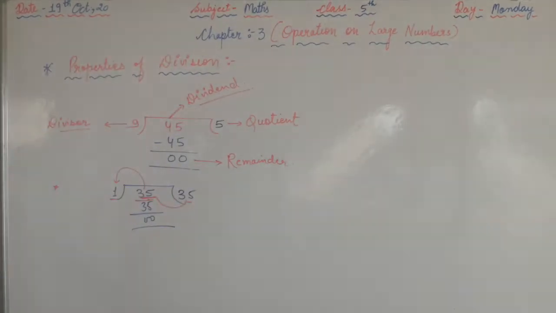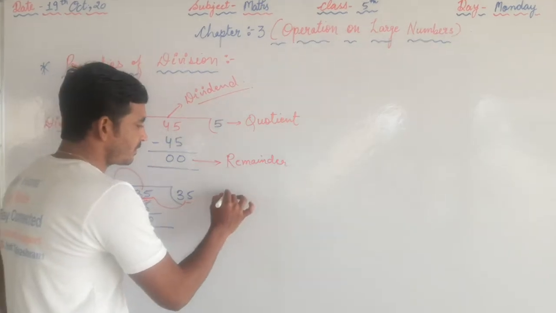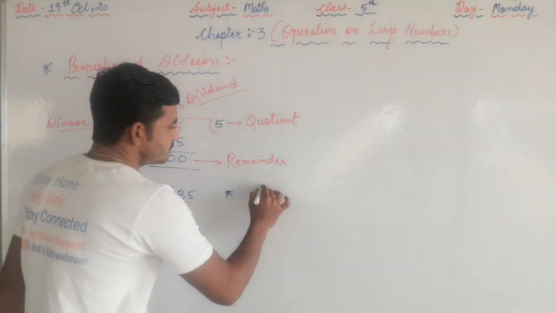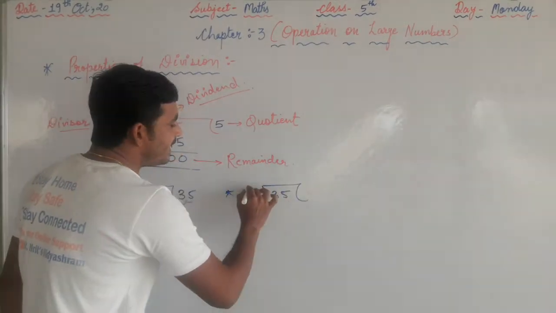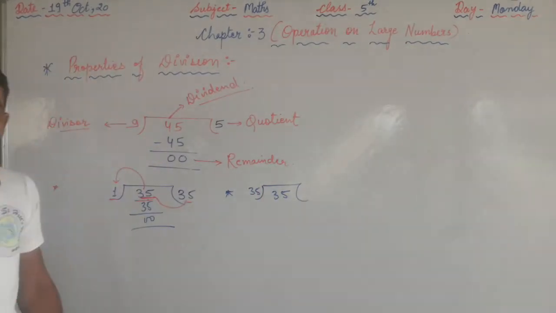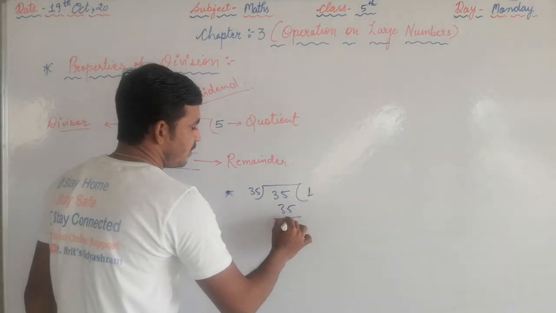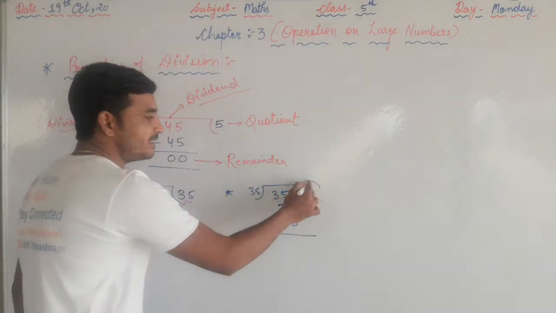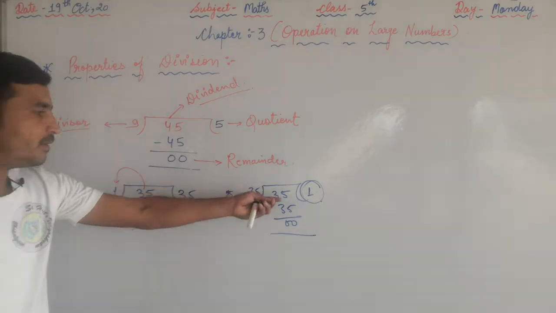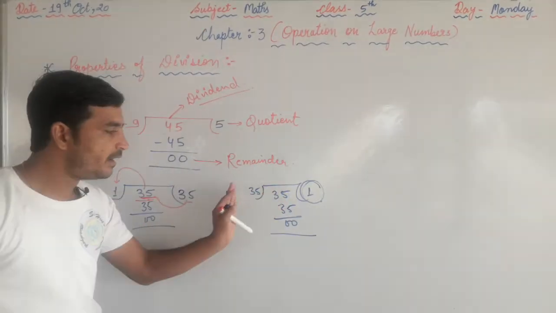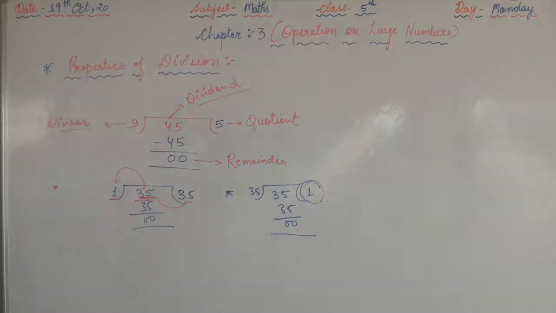If a number is divided by itself, we get 1 as the quotient, as a result. If a number is divided by the number itself, in that condition we get 1 as the quotient.